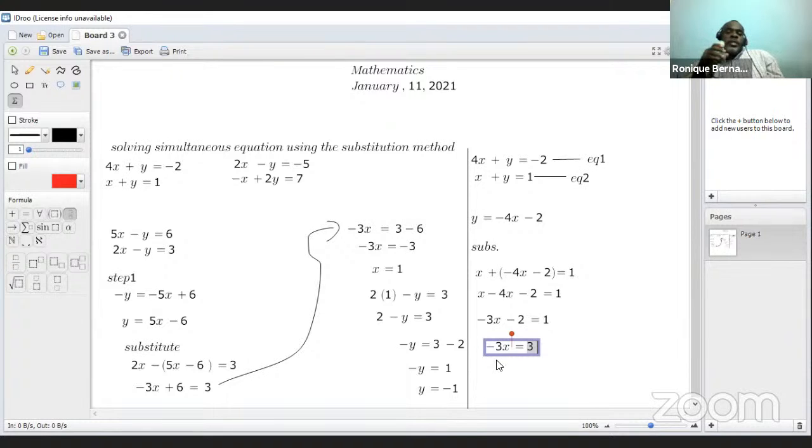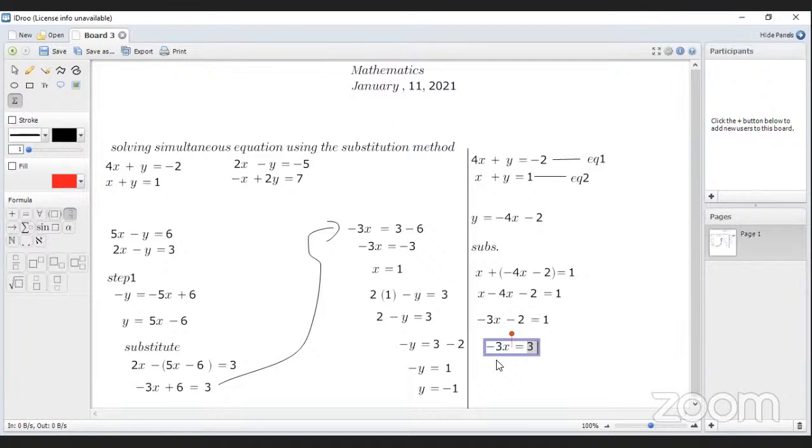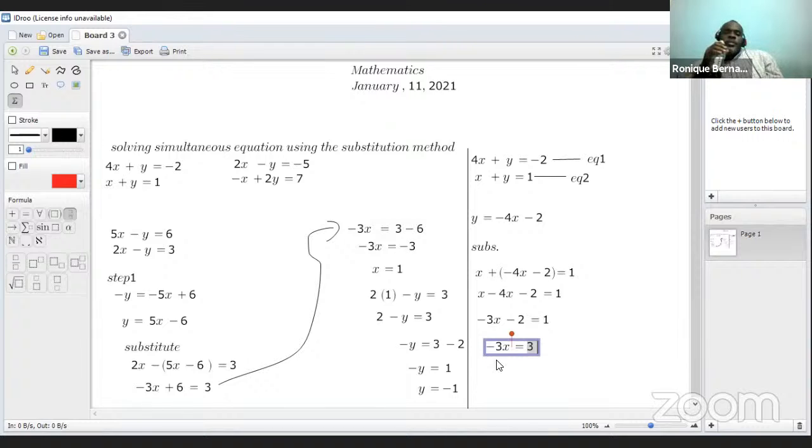Now my question is this then. What does negative 3x mean in English? How do we read it in English? Anybody? Sir, negative 3 times a number x equals 3. Okay.